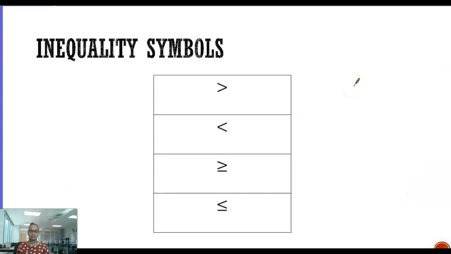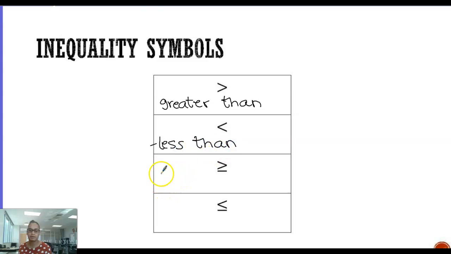So first of all, you need to recognize these symbols. This is the greater than symbol, greater than, less than. Then this one I would call greater than or equal to, greater than or equal to.